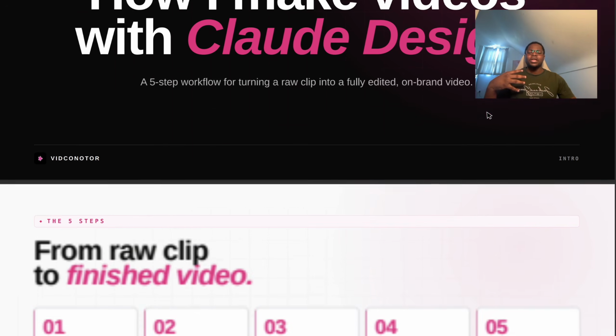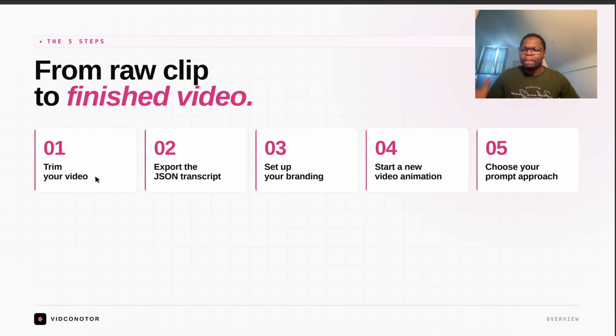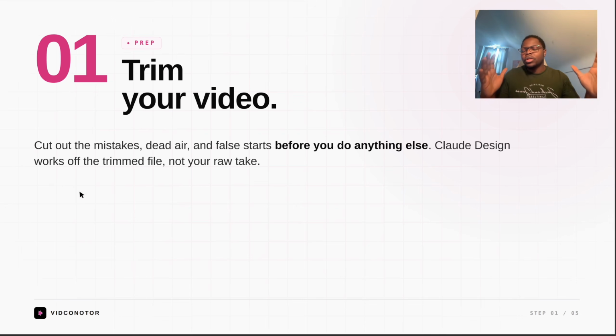So first thing is, how do you get your video from a raw trim to what we had in the example I showed you guys. Basically, the first thing you want to do is trim your video, because Claude is not replacing your editing team.